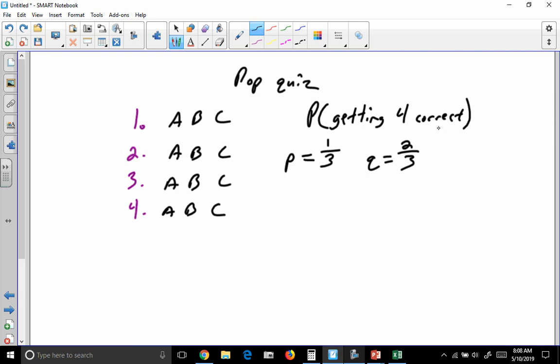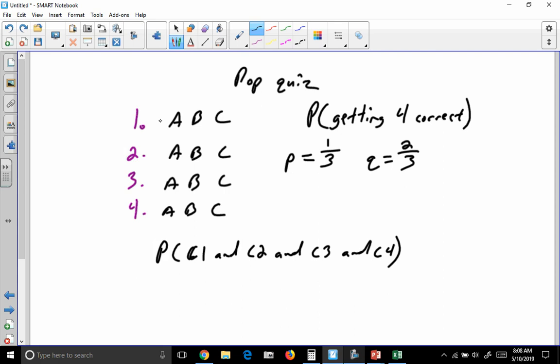If we want to find the probability of getting 4 correct, that's the probability of getting the first one correct and the second one correct, and the third one correct, and the fourth one correct. These are independent. Another requirement for something to be binomial is that each trial has no effect on the others.